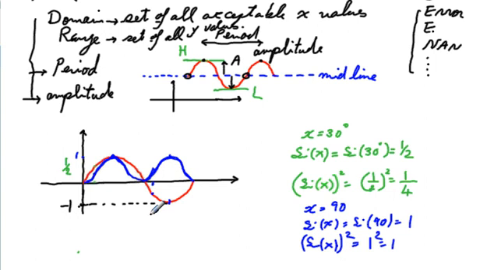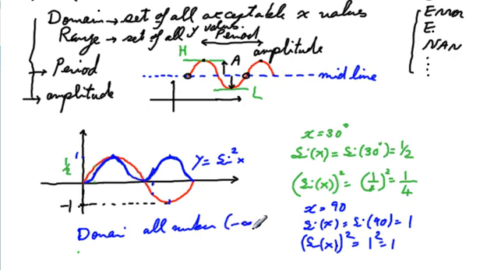Okay, so we just talked our way to what happens when you graph sine squared of x. First of all, what is the domain? All numbers. I have no problem finding sine of x at any point, and squaring it doesn't give me any headache either. Any x is fair game. That was easy.